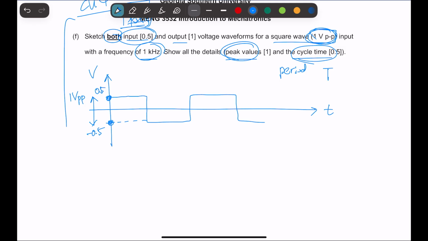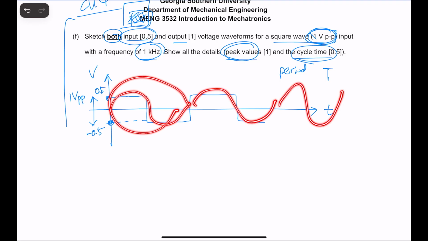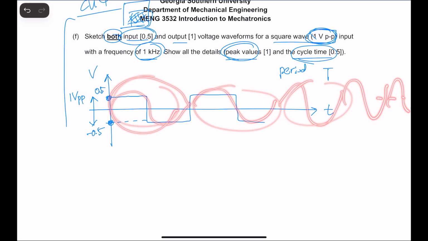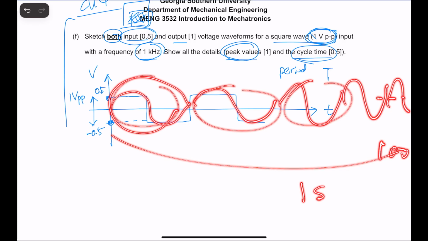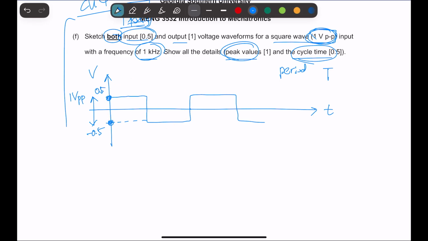So we have this up and down 1,000 times, 1, 2, 3, up to 1,000 times in 1 second. So this one cycle is going to be 1 over 1,000, right? So the time here is going to be 1 over 1,000 second.